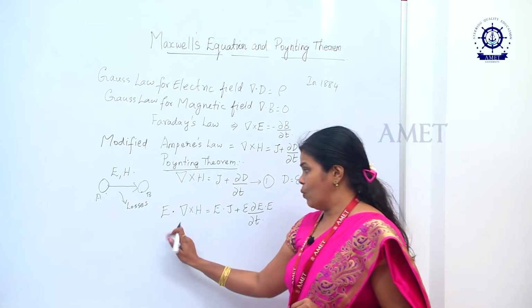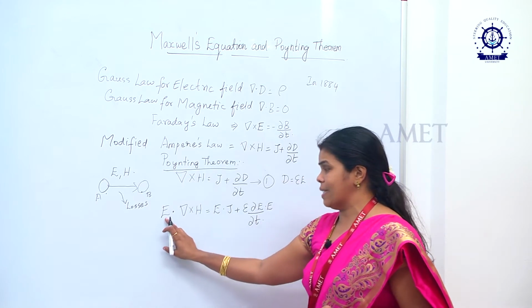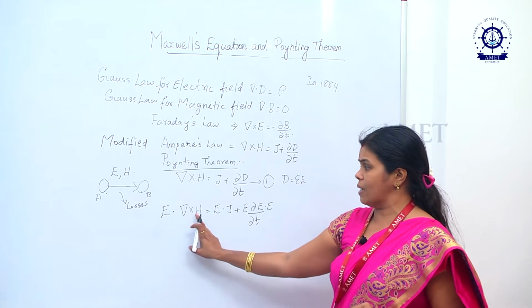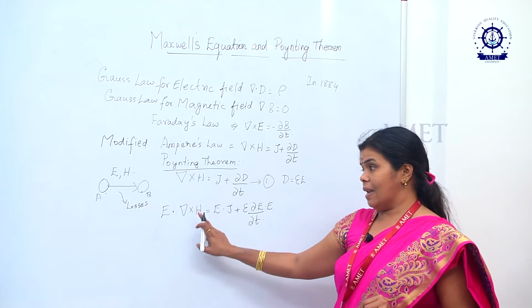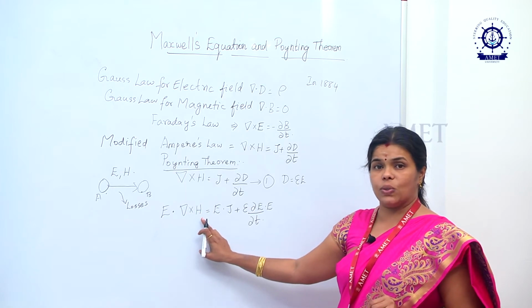Then we can use, if two vector fields are there, here we are having two vector fields, E is also a vector field, electric field intensity, then H, the magnetic field intensity, is also a vector field.